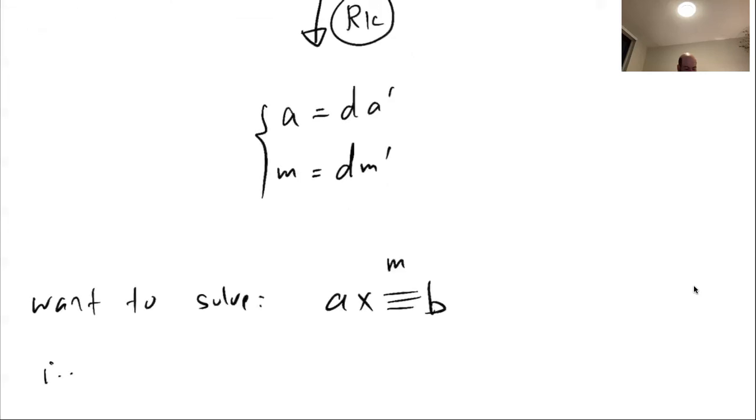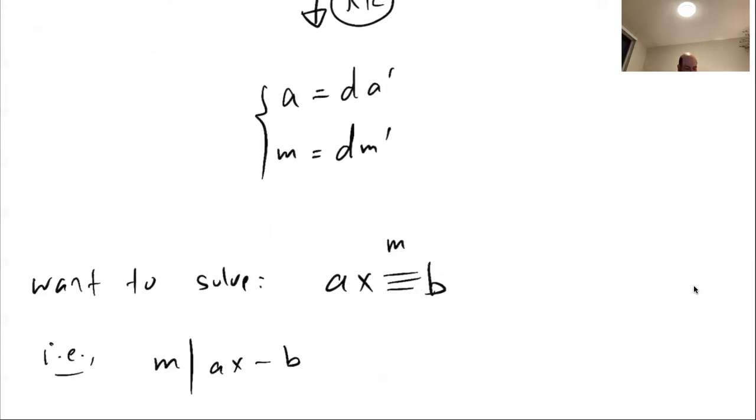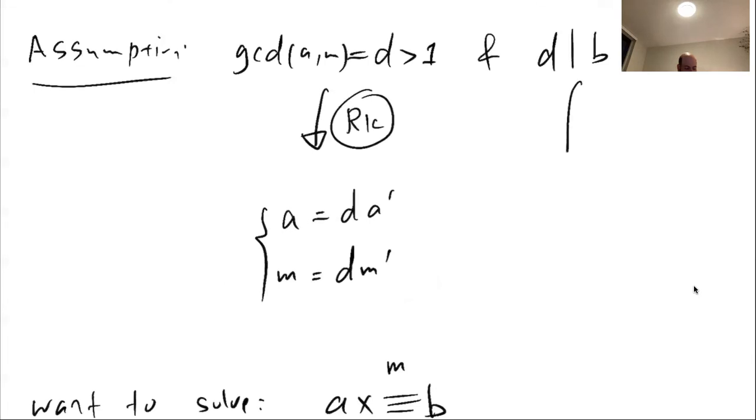I.e., M divides AX minus B. Now D divides B, so I can also write B as D times B prime.